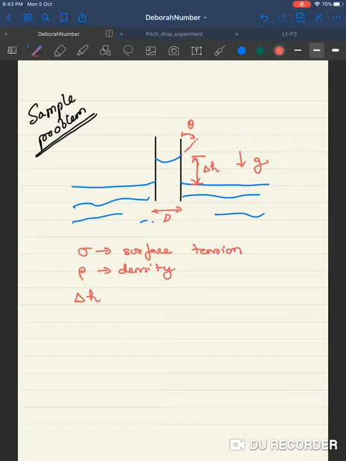With that we have all the variables required. So can you relate delta h to sigma, rho, theta, g, and the diameter d? Okay, so we will stop here and we'll pick up from here in the next class.